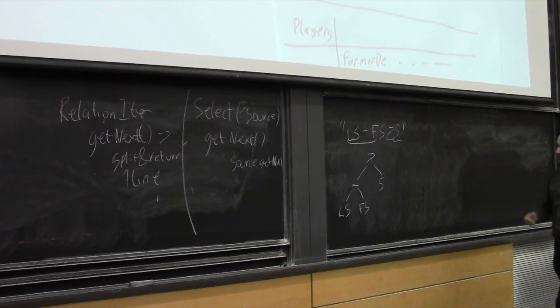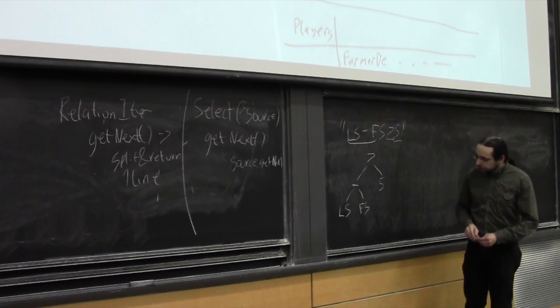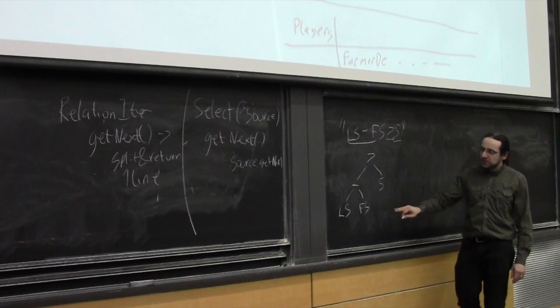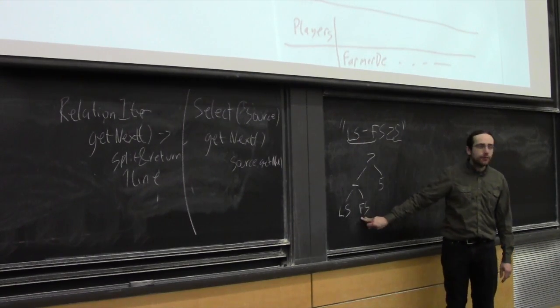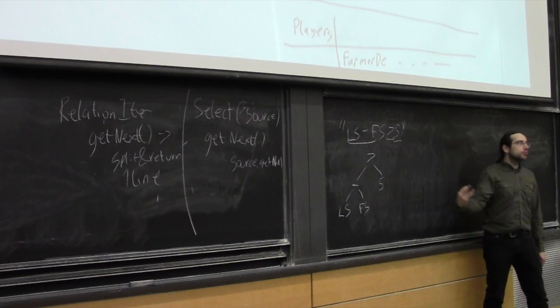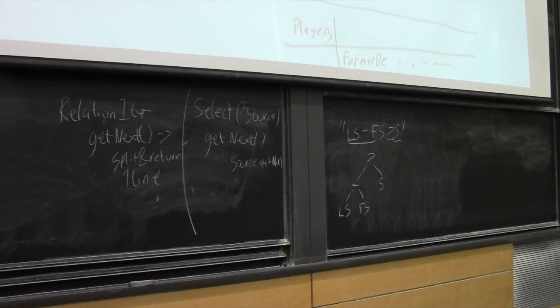So there's an expression in here. And if I plug in a specific value of ls and fs, I'm going to get back some result. For the purposes of your project, there's code that actually evaluates this for you, the eval class. But let's say we plug in some specific values.